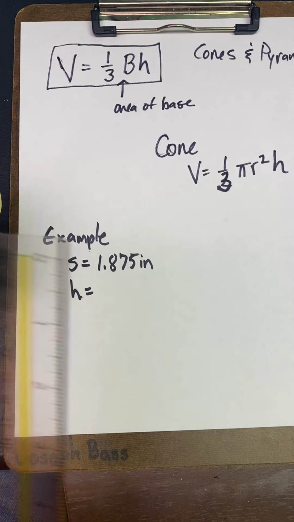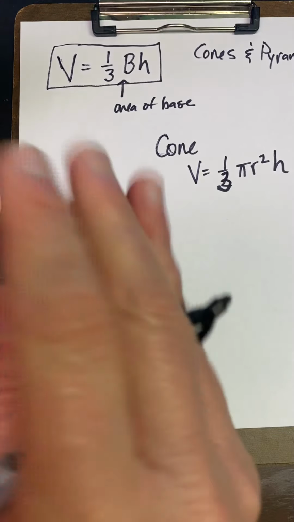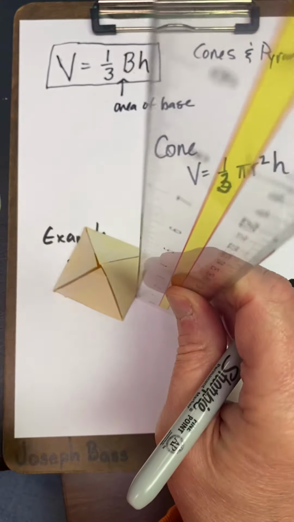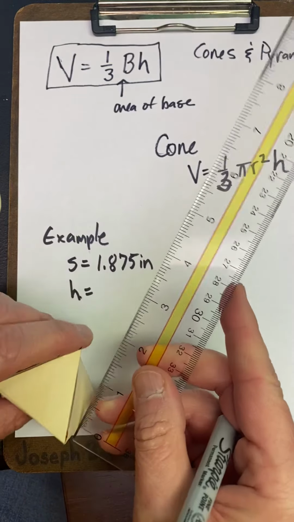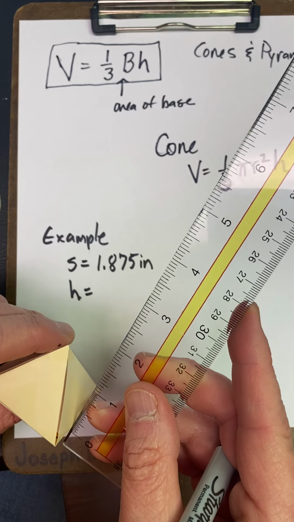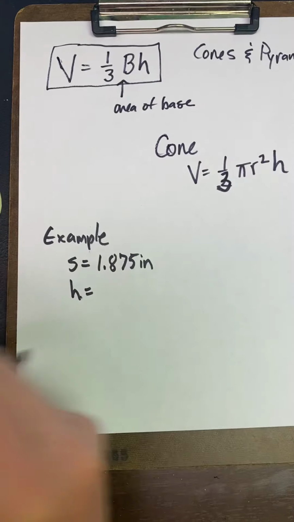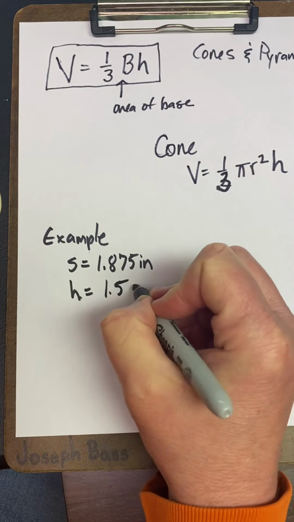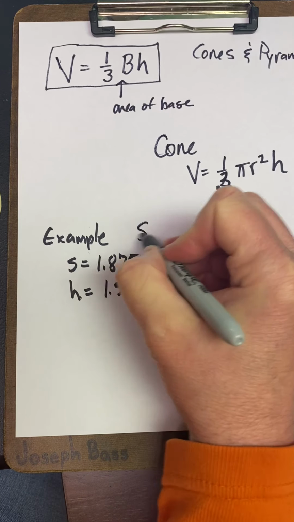Let's see, the height of this thing is, I'm gonna see how I can do this. I'm just gonna eyeball it, folks. It's 1.5. Right, so square pyramid here.